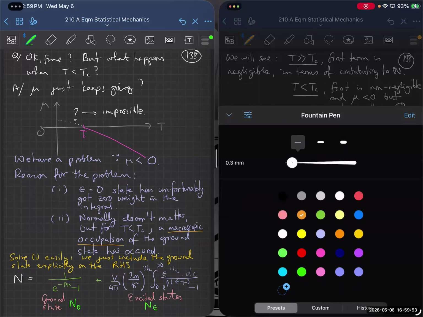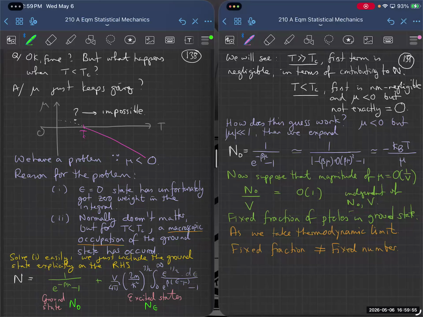So what that means is, as V goes to infinity, N over V, the particle density, is equal to a constant, and N naught over N also equals a constant.